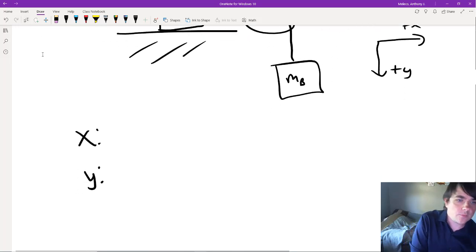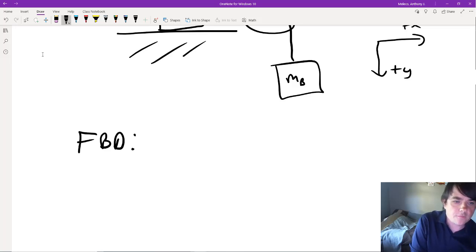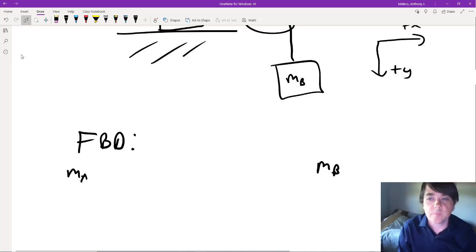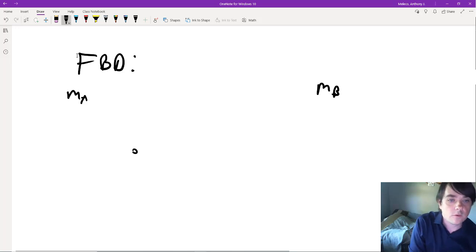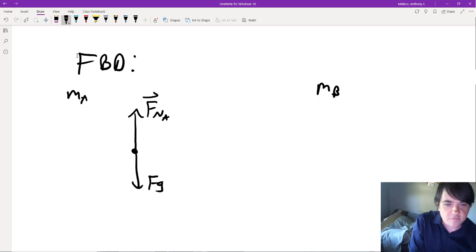Let's go ahead. Whoops, not ready to do equations yet. Let's do the free body diagrams for MA and then for MB. Two objects, two free body diagrams. For MA, that's the one on the table, we have the normal force, and we have gravity pointing straight down because it's a flat surface.